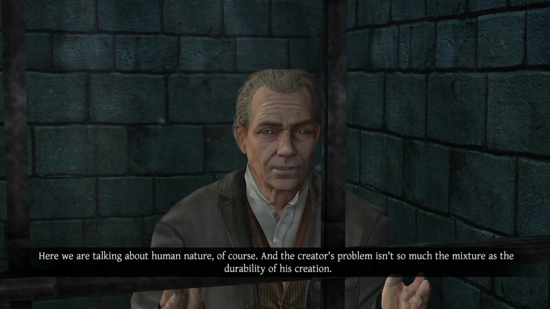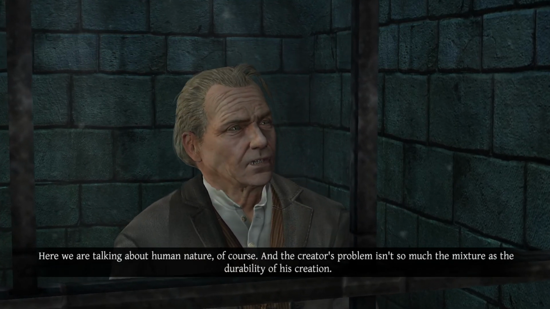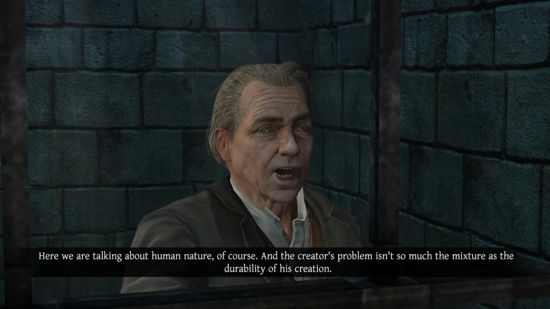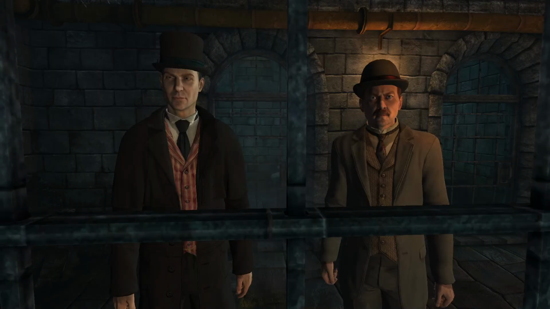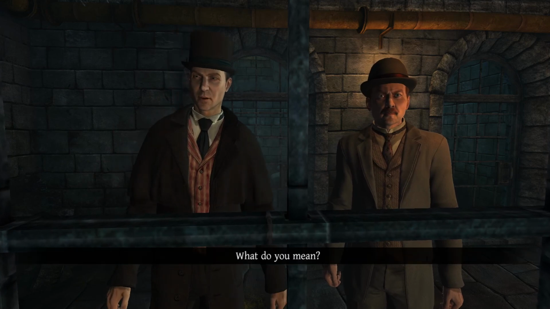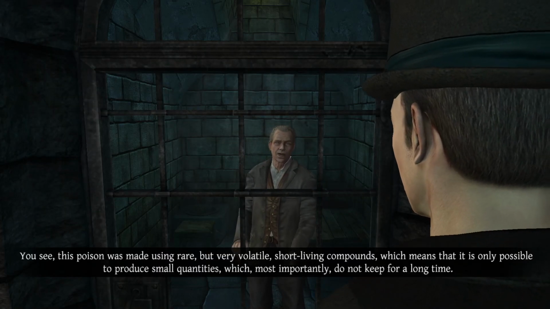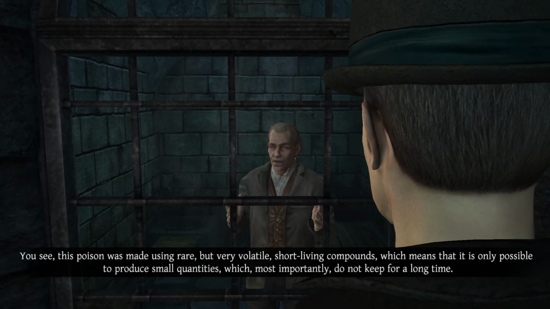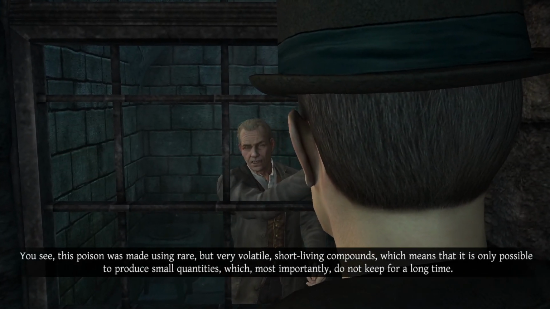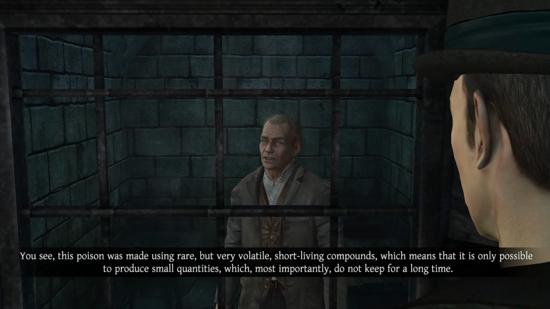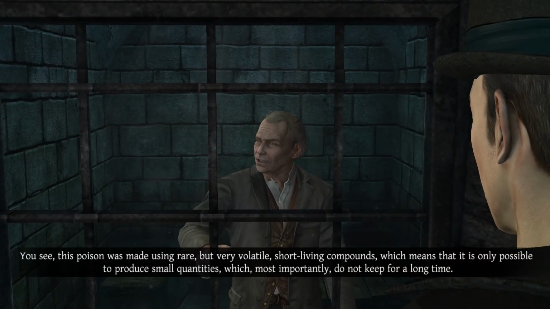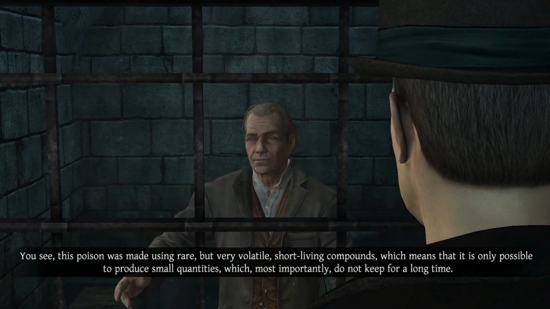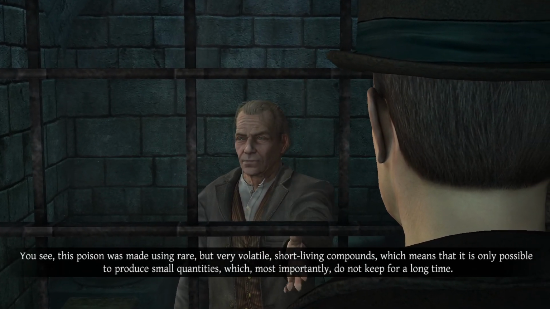And the creator's problem isn't so much the mixture as the durability of his creation. What do you mean? You see, this poison was made using rare but very volatile short-living compounds, which means that it is only possible to produce small quantities, which most importantly do not keep for a long time.